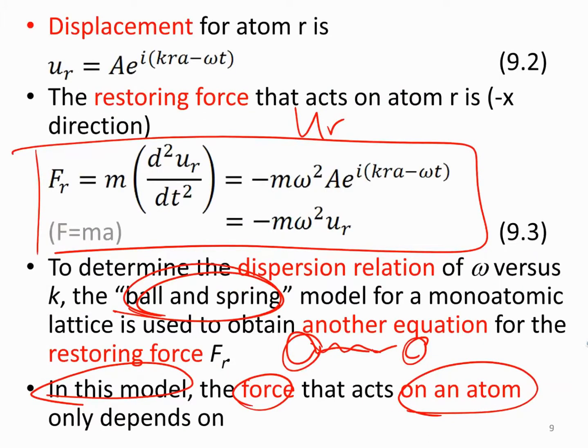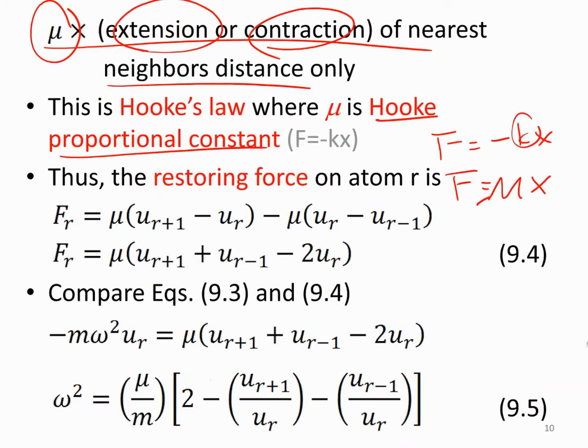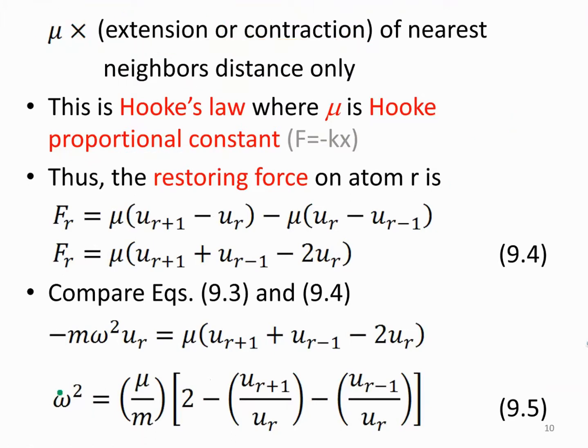Okay, so now by using Hooke's law, the restoring force on atom R is mu (UR plus 1 minus UR) minus mu (UR minus UR minus 1).